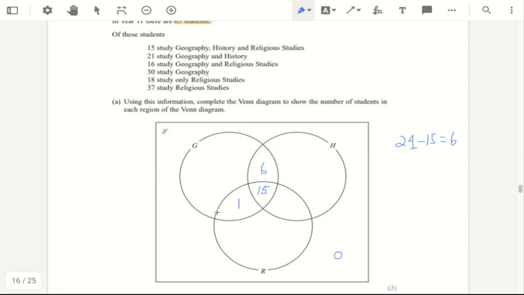So this whole circle studies geography, there's 30 of them. So 30 minus 1 minus 6 minus 15 gives us 8.